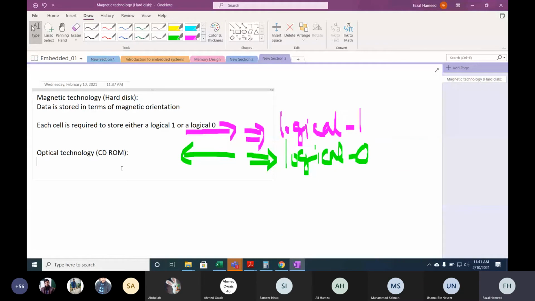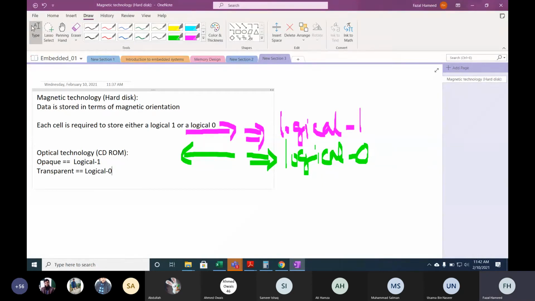The light cannot pass through that cell, so it is an opaque material. Opaque can be used to store logical 1, and if it is transparent, it can be used to store a logical 0.